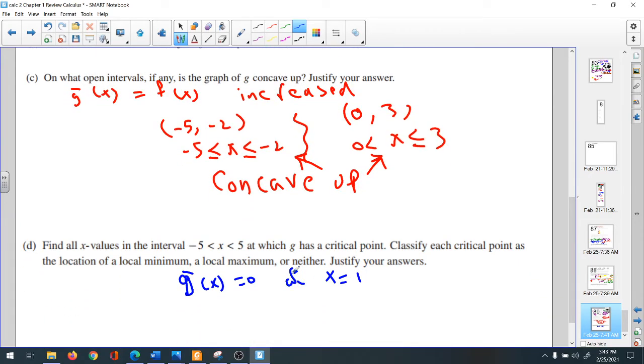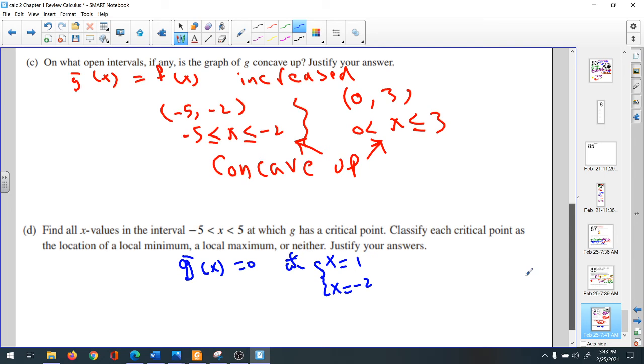So you have two locations for the critical points. And now you want to justify local minima and local maxima.